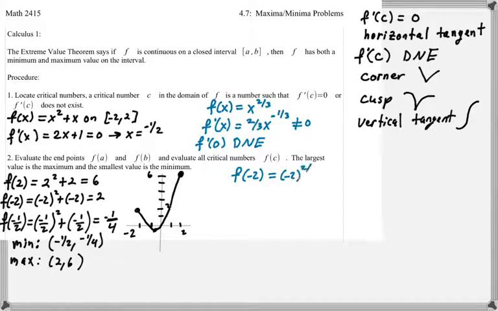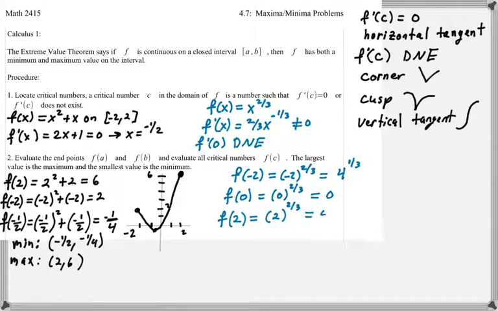So f of negative 2 is going to be negative 2 to the 2/3 power, so that'd be square and cube root, or we could say it's 4 to the 1/3 power. F of 0 is going to be 0 to the 2/3 power, which is just 0. And f of 2 is going to be 2 to the 2/3 power, which is equal to 4 to the 1/3 power.